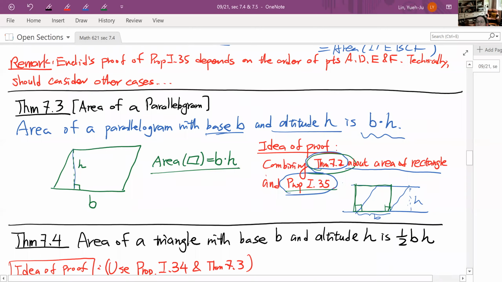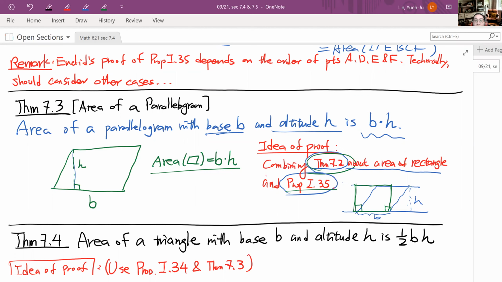By this kind of construction, using what we already proved, you can prove that indeed the parallelogram and the rectangle have the same area. This is basically coming from combining these two facts, nothing fancy. So we now know the area of the parallelogram is base times height.